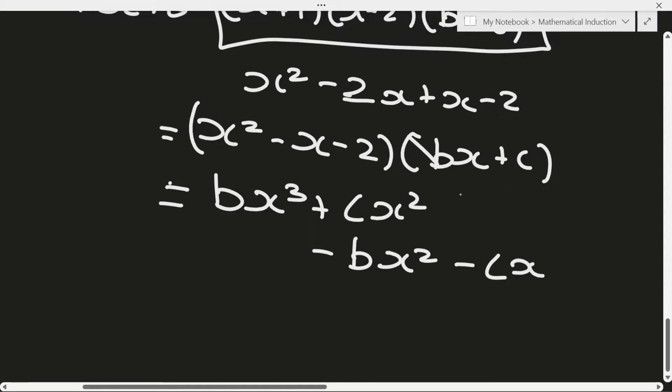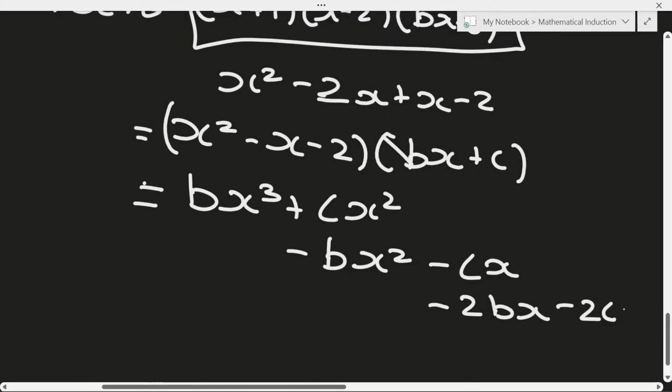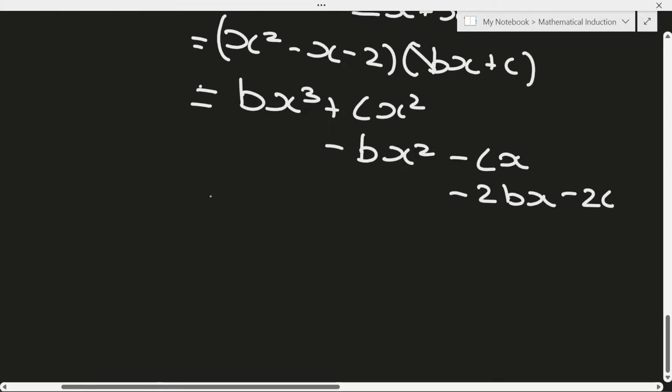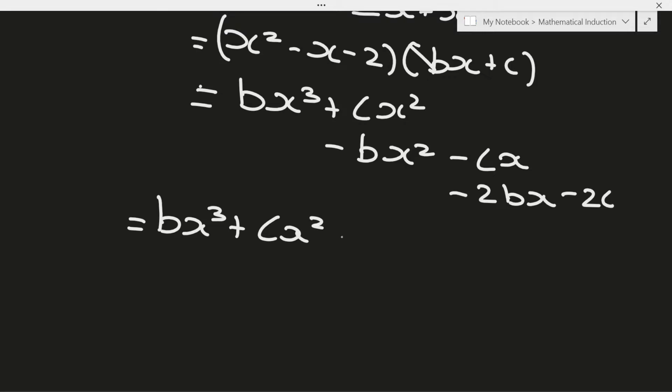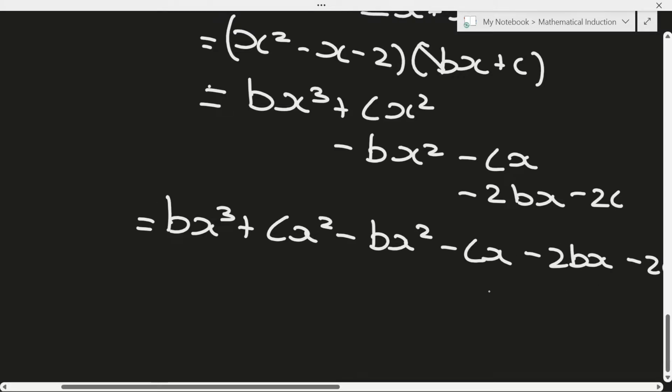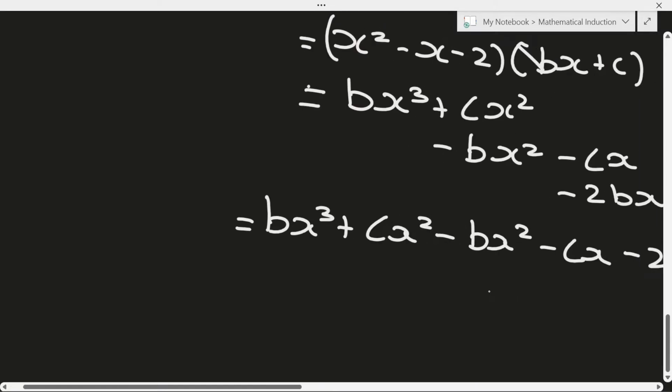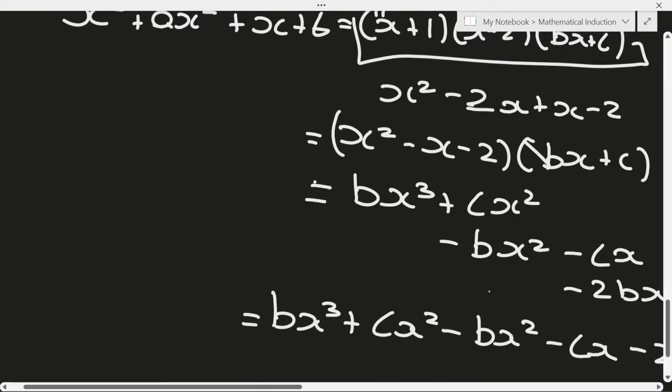And then minus 2 times bx is equal to minus 2bx, and minus 2 times c is equal to minus 2c. So in order, this entire thing should be equal to bx cubed plus cx squared minus bx squared minus cx minus 2bx minus 2c.